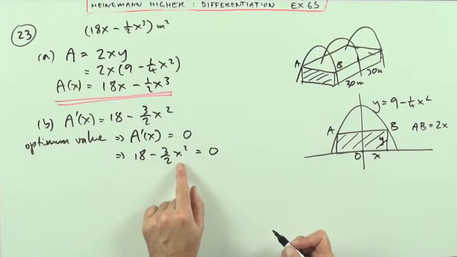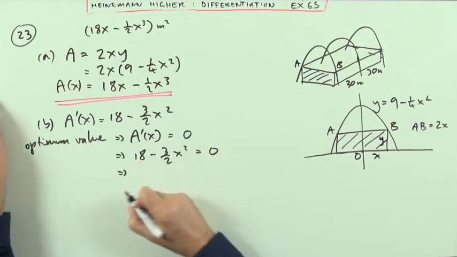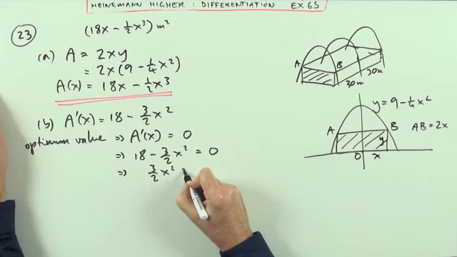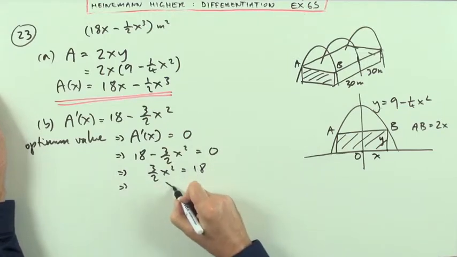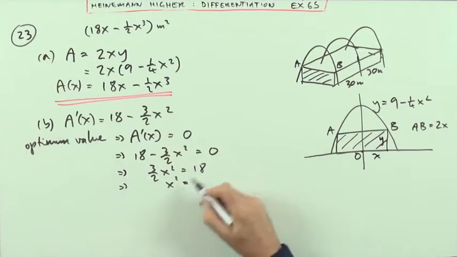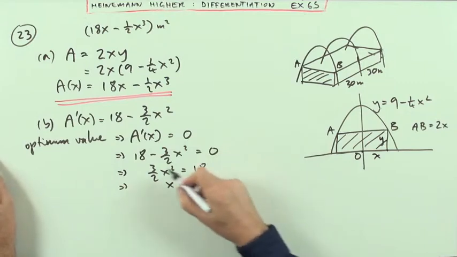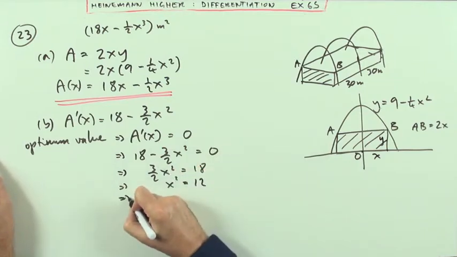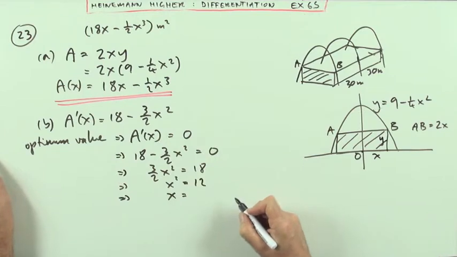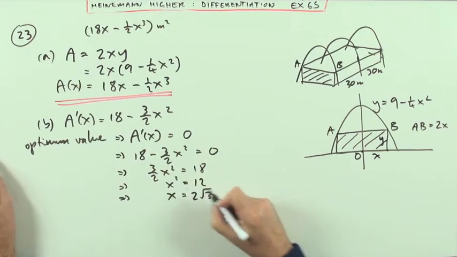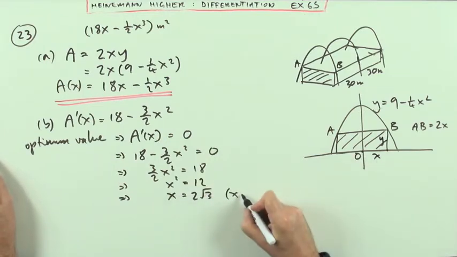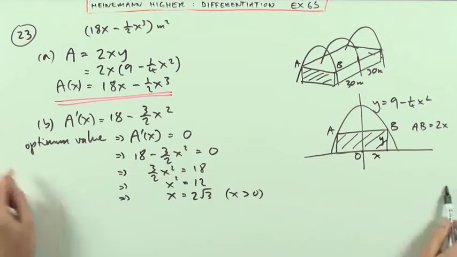Only one mention of the variable, you can just solve it linearly. So that means that 3 upon 2 x squared would be 18. So x squared would have to be 2 times that and divided by 3, 12. So x is going to be the square root of 12, that's 4 3s, 2 root 3, taking the positive one, since by definition x is greater than 0.